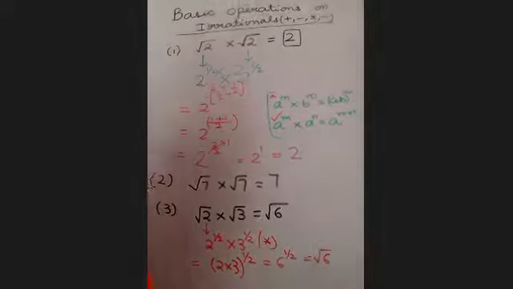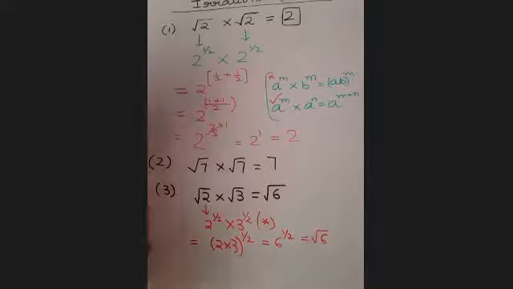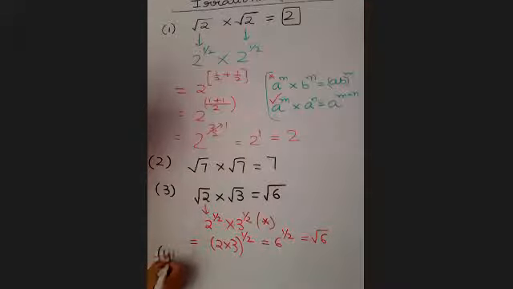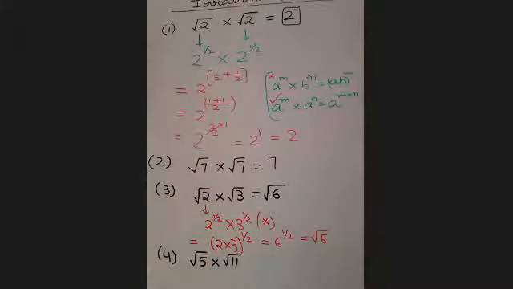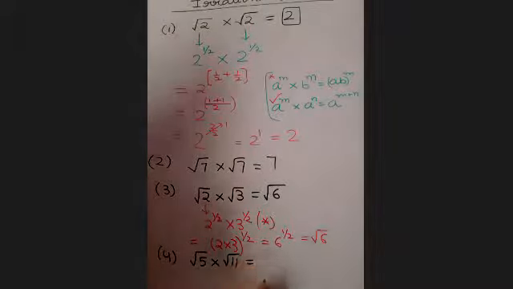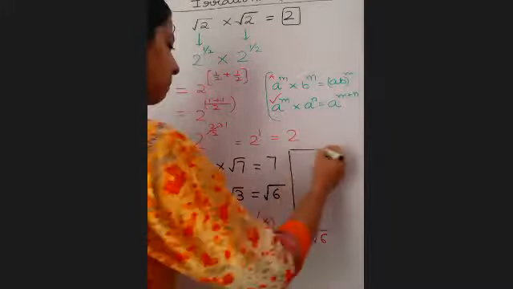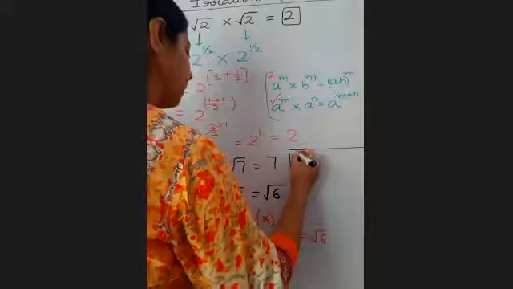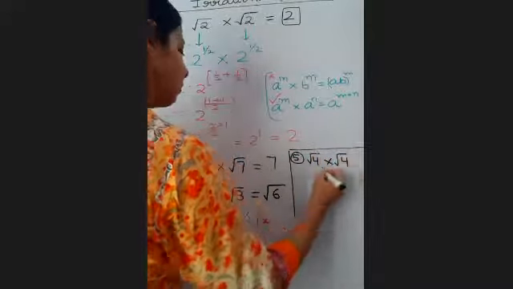Okay, beta? Yes, sir. And if you have, let's say, root 5 into root 11, what will this become now? Root 55. Very good. If I take example 5, root 4 into root 4, what is this equal to?